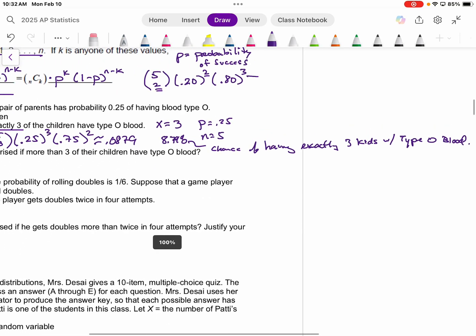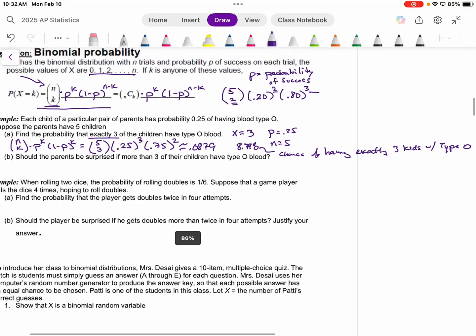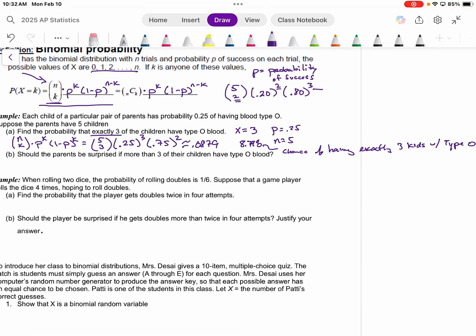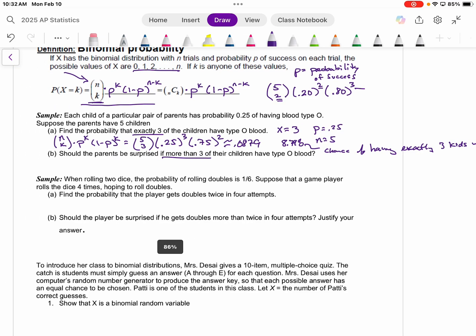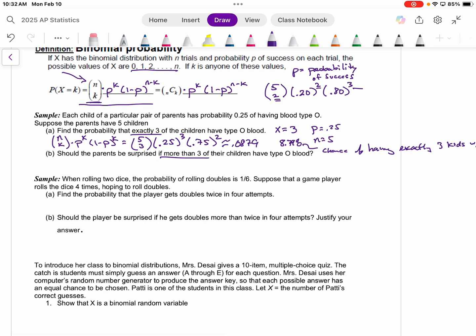So now, should the parents be surprised if more than 3 of their children have type O blood? More than 3 would mean I want X equal to 4 and X equal to 5.